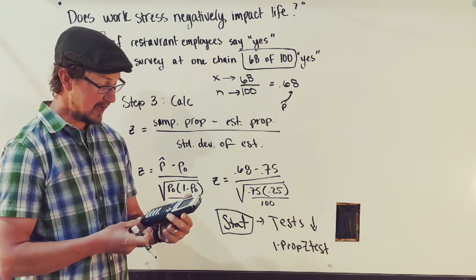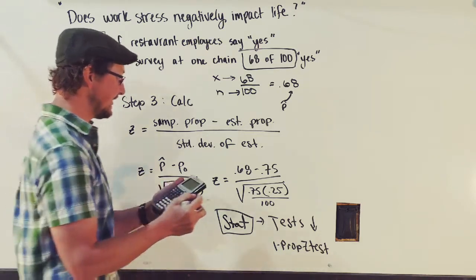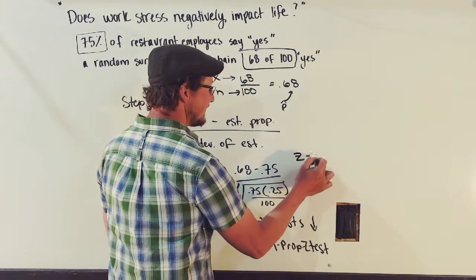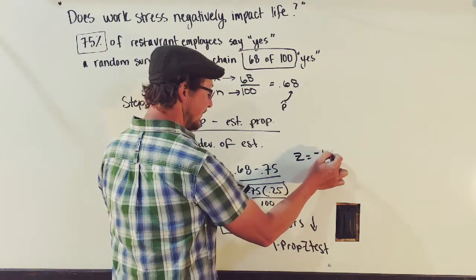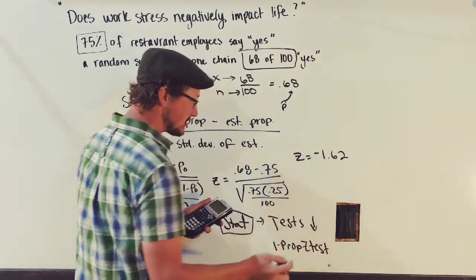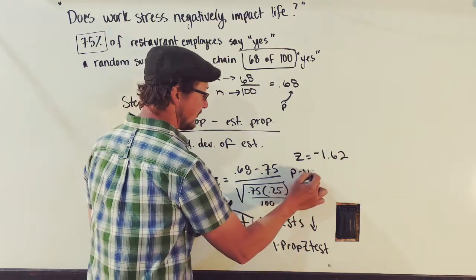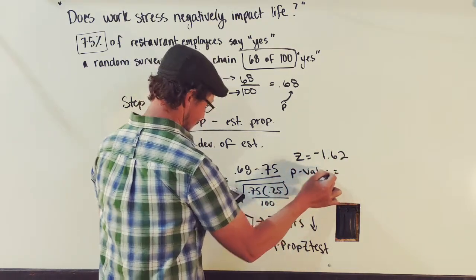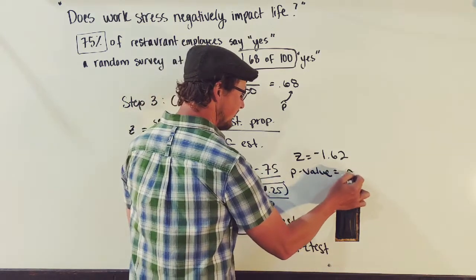And then we're going to go off to calculate, and we see that Z is equal to negative 1.62, rounding here, with a p-value of 0.0529.